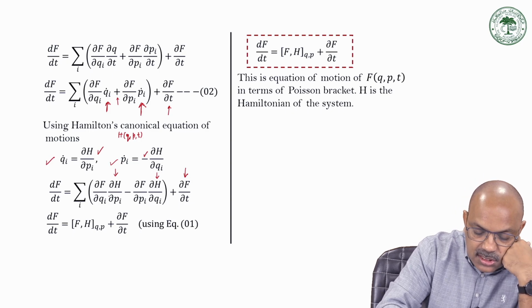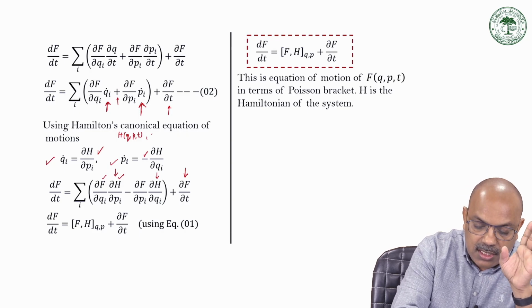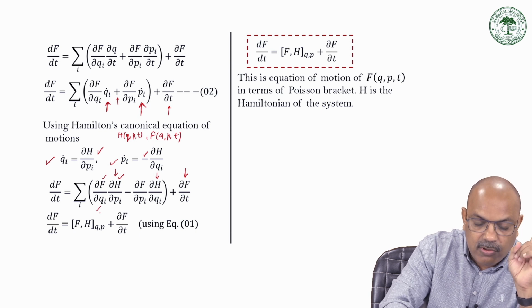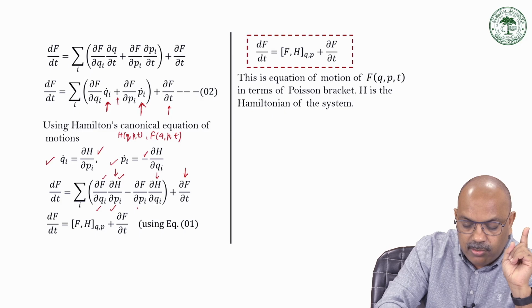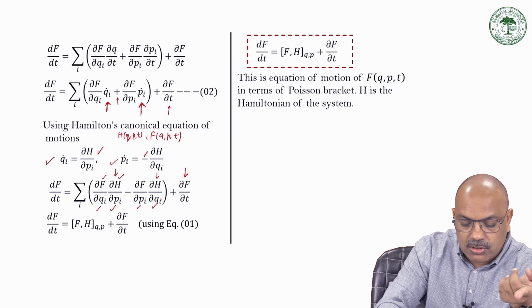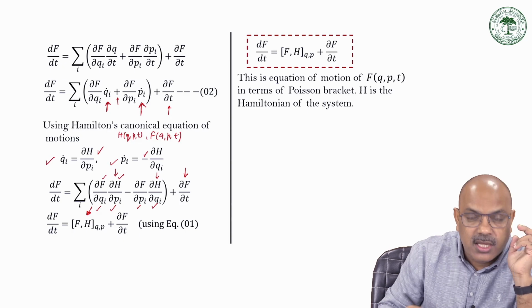Now I have two variables f and H, and both depend upon q, p and t. Taking f with respect to q and H with respect to p, and then f with respect to p and H with respect to q, this is exactly the definition of the Poisson bracket.